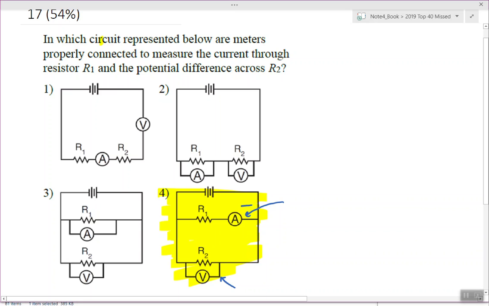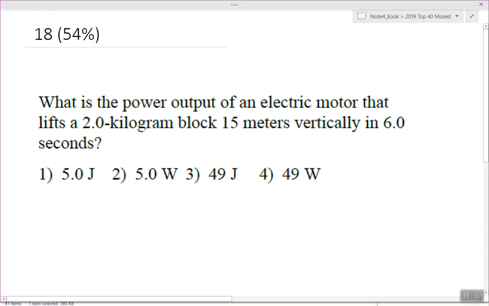So this is measuring the current I1 going through here, and this is measuring the voltage across R2. Voltmeters don't go in series, ammeters don't go in parallel. Question 18.